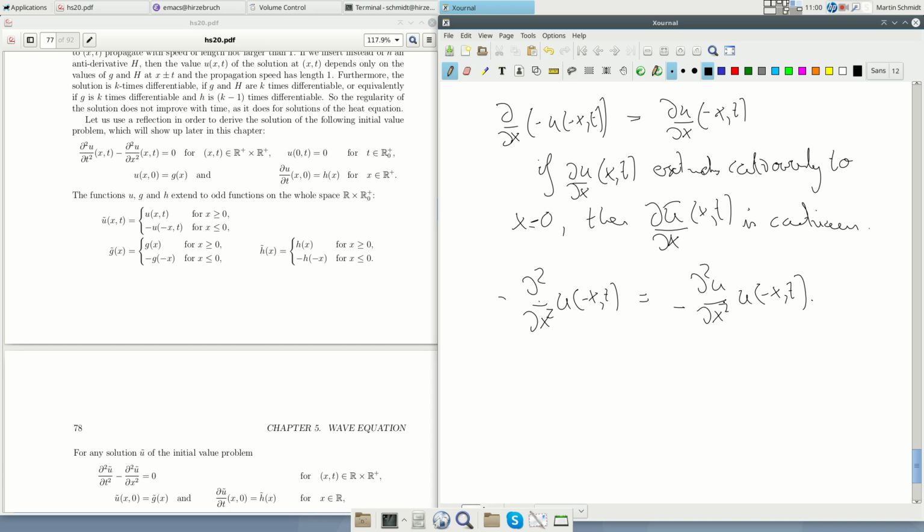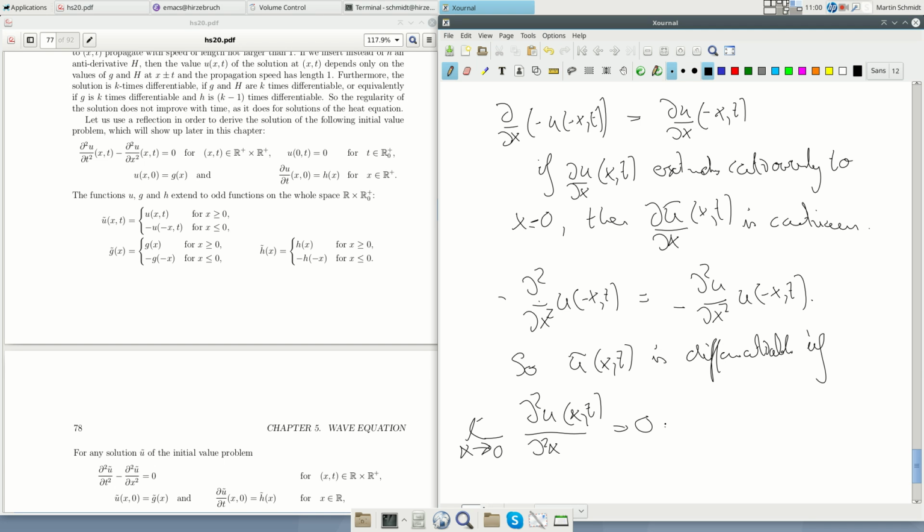So u tilde of x,t is twice differentiable if this limit of d square u dx square is 0.